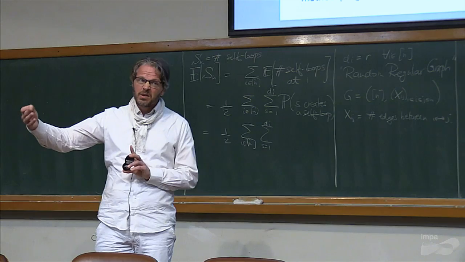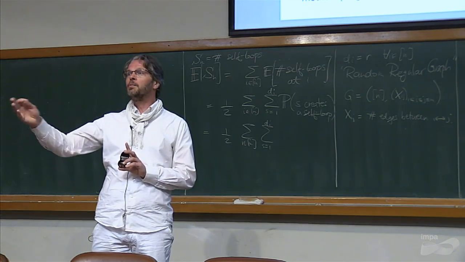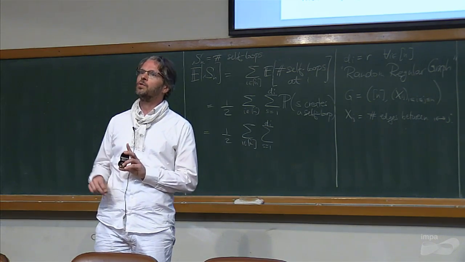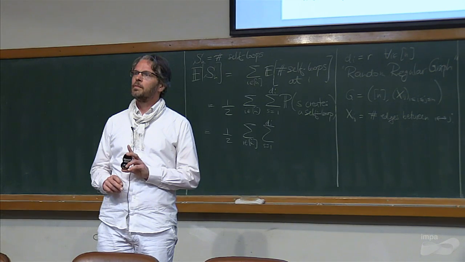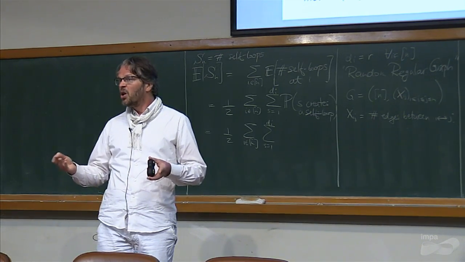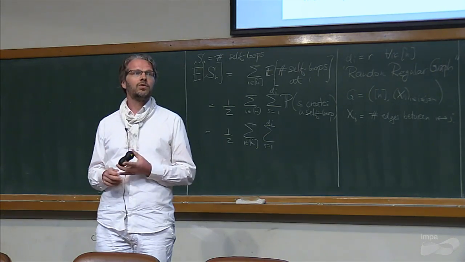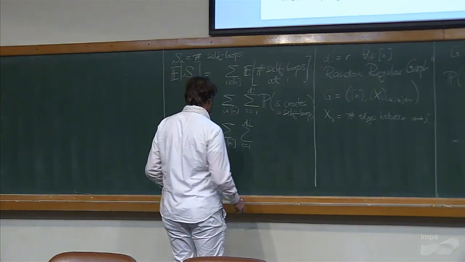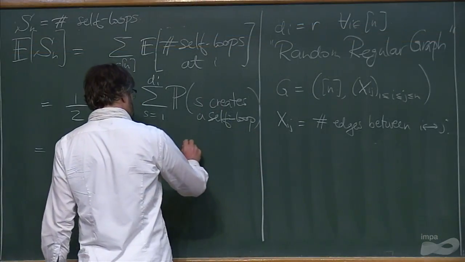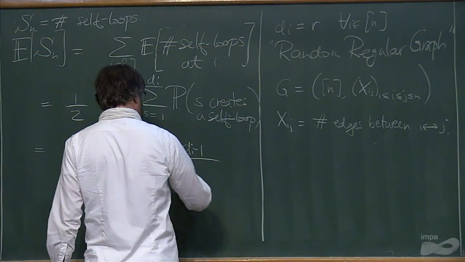Well, it better attach to one of the d_i minus 1 other half edges incident to i. That occurs with probability 1 over l_n minus 1, because you pair things uniformly at random. So what do I get? I get (d_i minus 1) divided by (l_n minus 1).